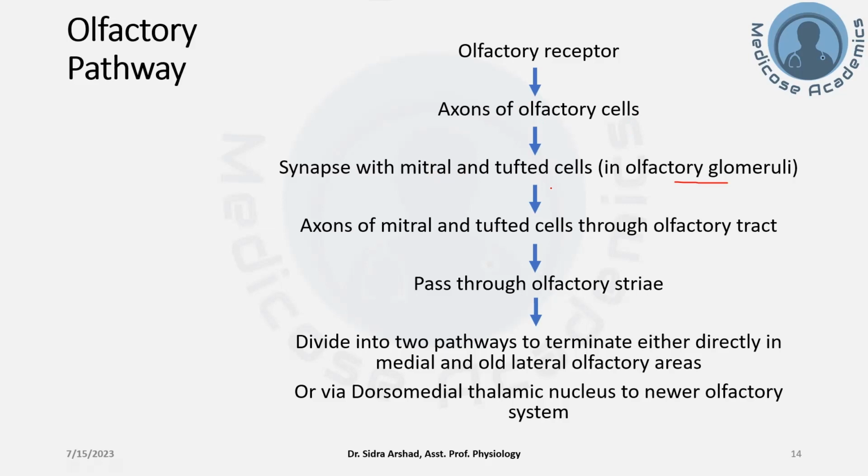These ball-like structures are known as the olfactory glomeruli. From there, the axons of mitral and tufted cells pass through the olfactory tract and olfactory stria, from where they divide into two pathways to terminate either directly in the medial and lateral olfactory areas, or via the dorsomedial thalamic nucleus to newer olfactory systems. We are going to see what these older and newer olfactory systems are.